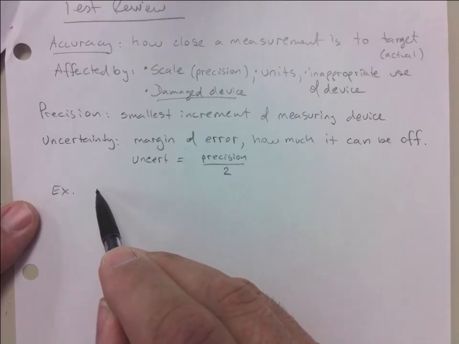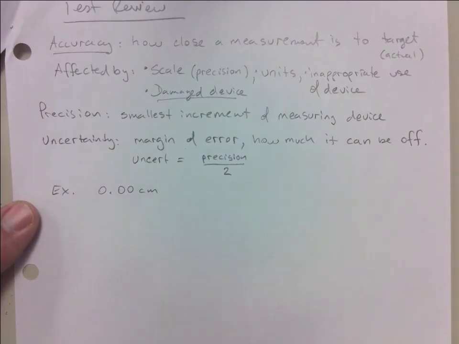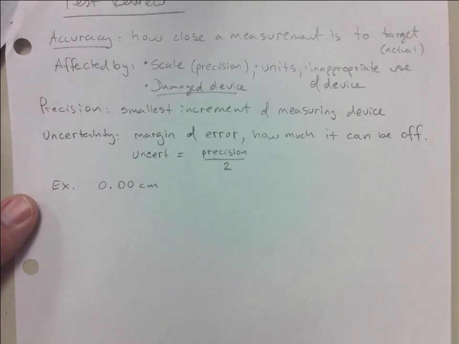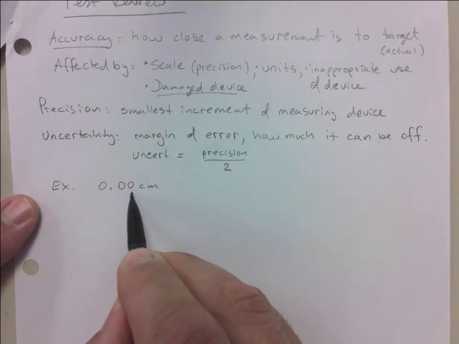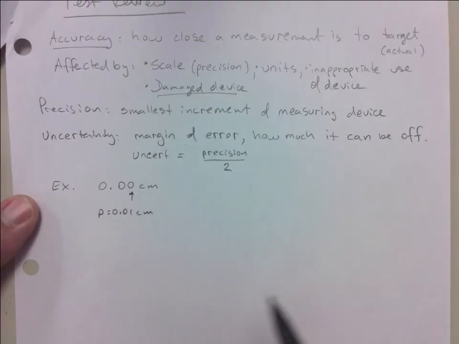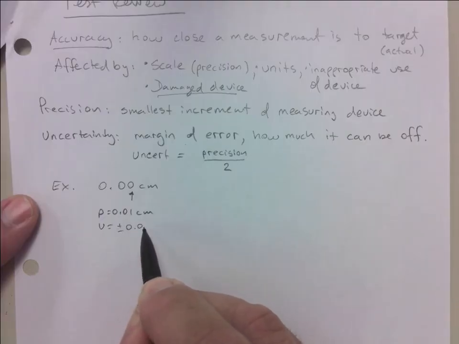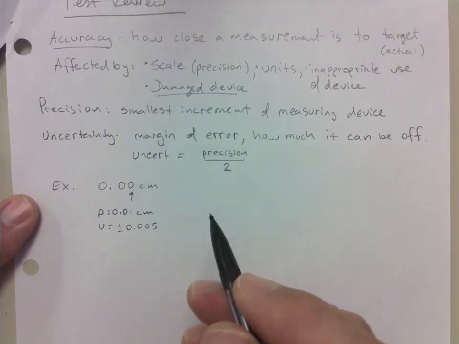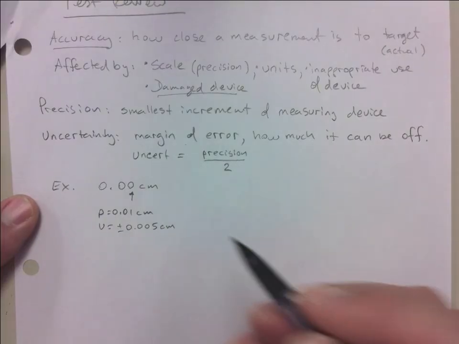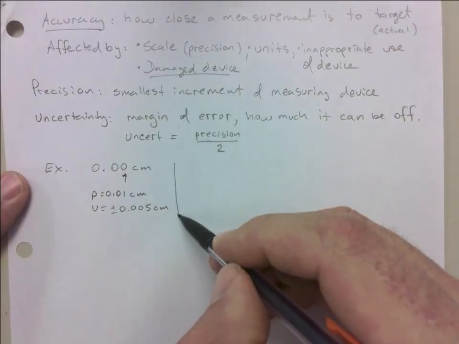But if you're having a reading of 0.00, we focus on that second decimal, so the precision is 0.01 of a centimeter. Uncertainty, therefore, is half of that, 0.005 of a centimeter. Okay, so that's one example.